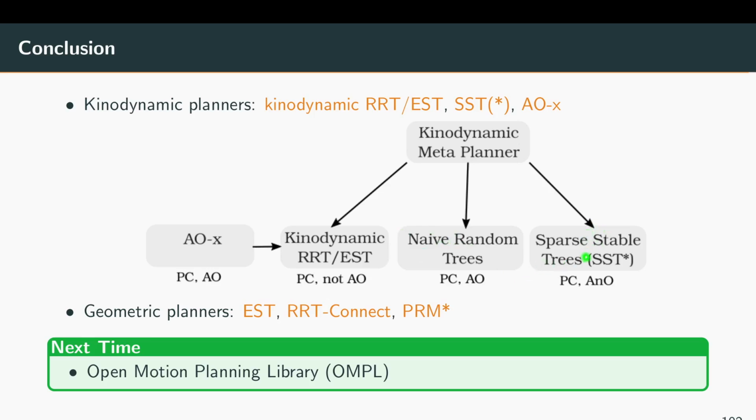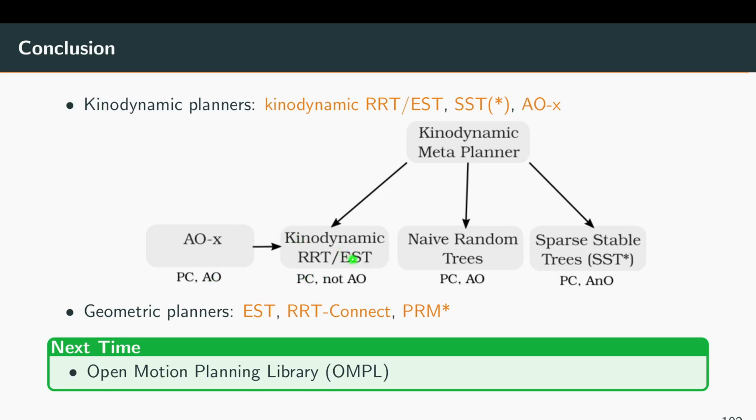And then sparse stable trees, they're probabilistically complete and asymptotically near optimal. And then AOX you can basically typically use with RRT, and then it remains probabilistically complete, but it also becomes asymptotically optimal.